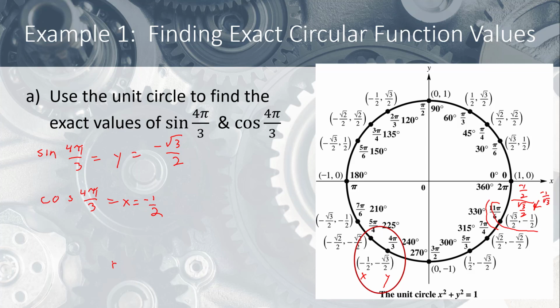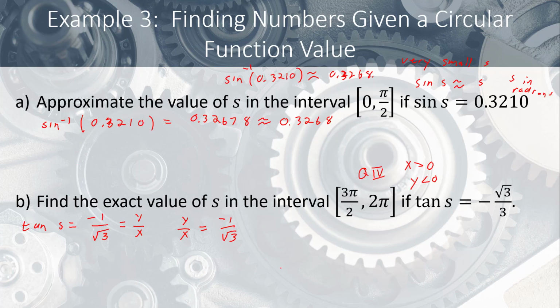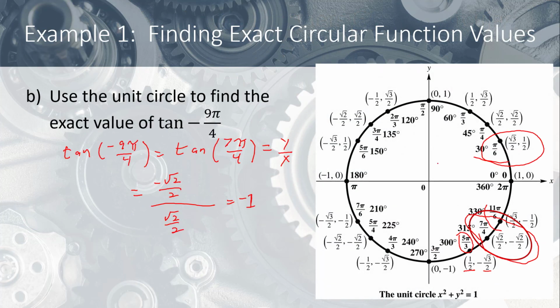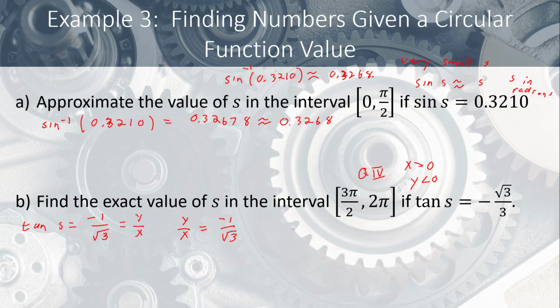So it turns out that this ratio being equal to negative 1 over the square root of 3 is equal to this point on the unit circle. And the arc length of this point, or the angle of that point, is 11 pi over 6. So the tangent of 11 pi over 6 will produce for us negative 1 over the square root of 3, or negative root 3 over 3. Therefore, s must be 11 pi over 6.